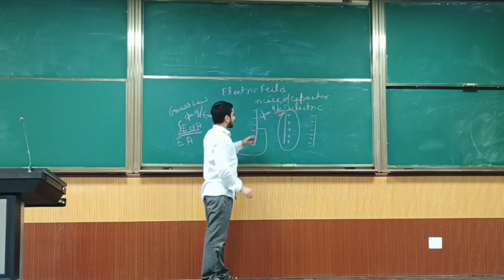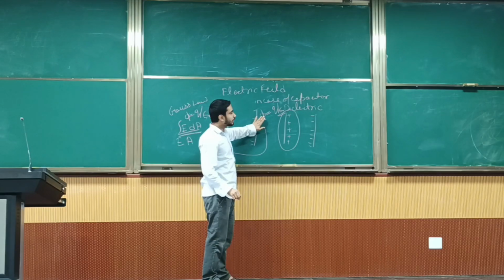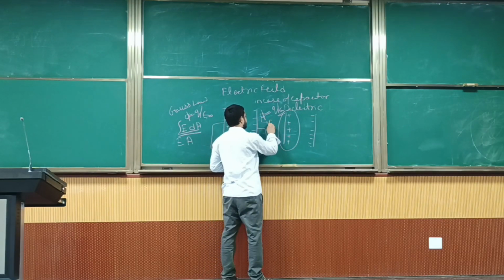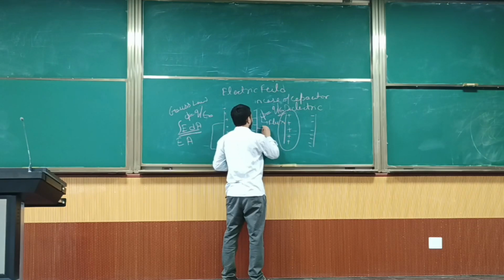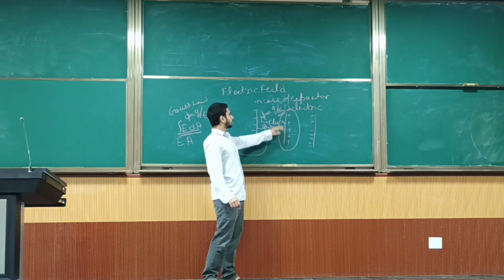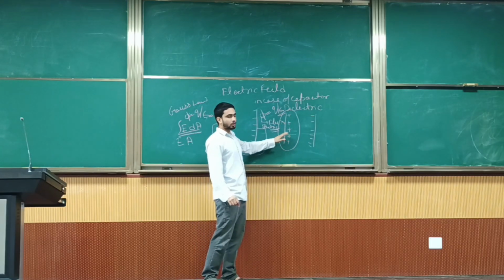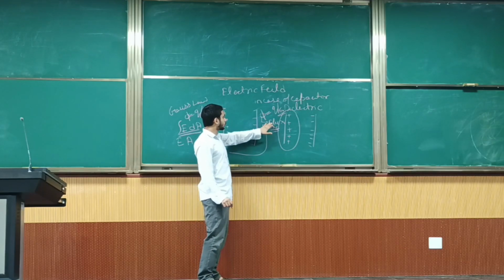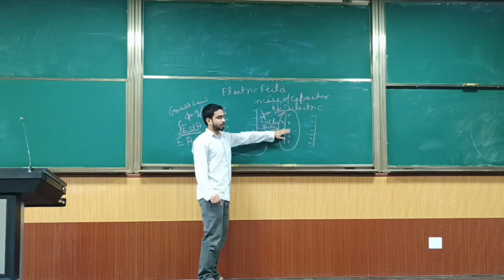The flux coming out of this surface, phi, will be equal to Q upon epsilon naught. This is the electric flux. So the electric flux coming out from the first plate will be equal to Q upon epsilon naught.